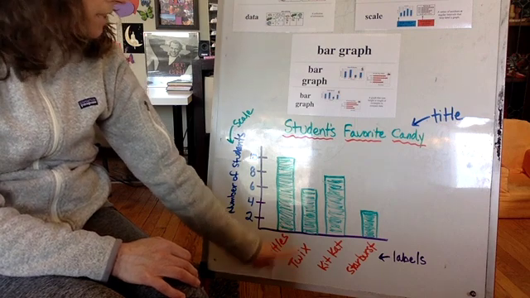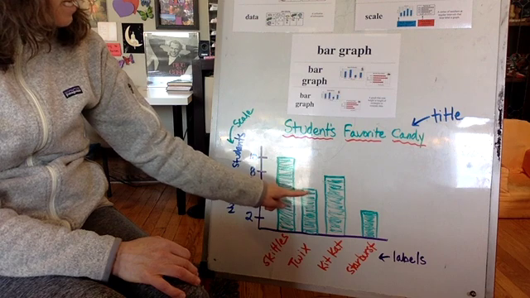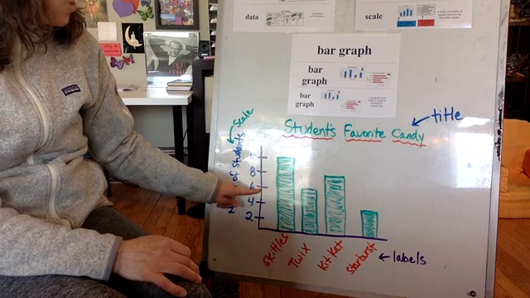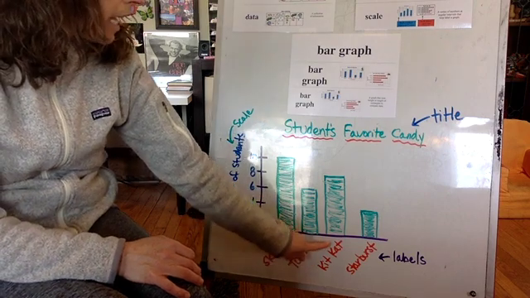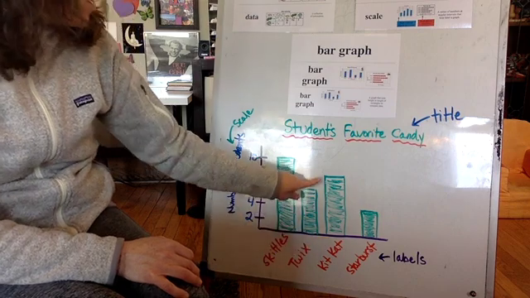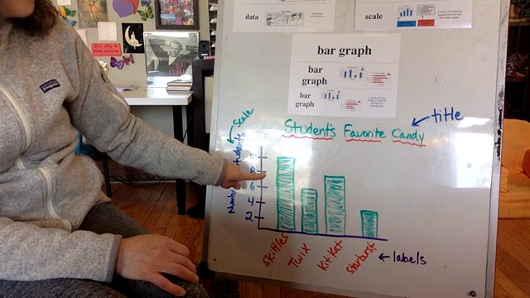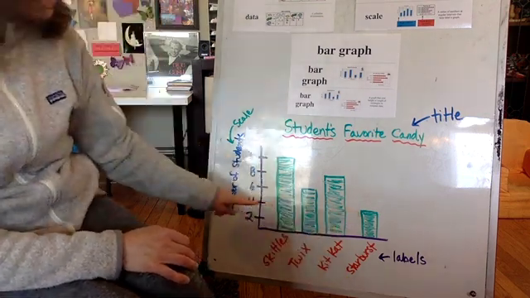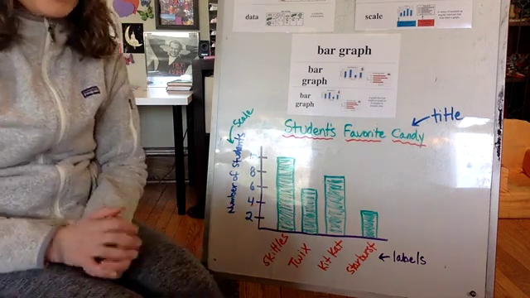Then I go to Twix, and I line up the top of the bar with the number of students, and I can say 6 students really liked Twix the best. Then I go to Kit Kat and read it to the side. Then I would say 8 students like Kit Kat the best. Then we go to Starburst and look to the side, and I can say 4 students liked Starburst the best.